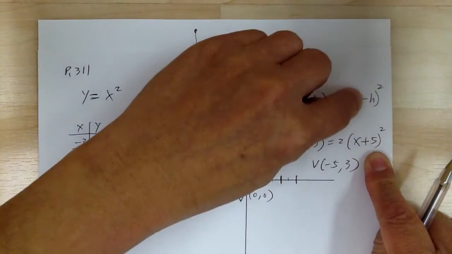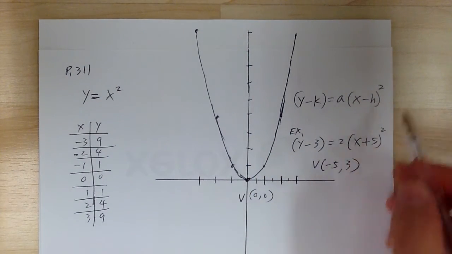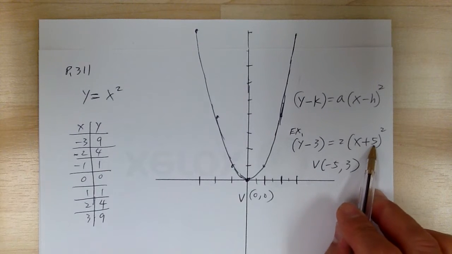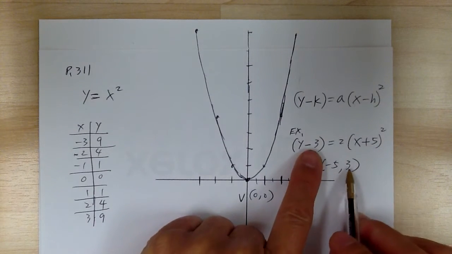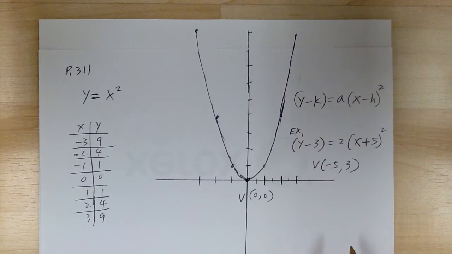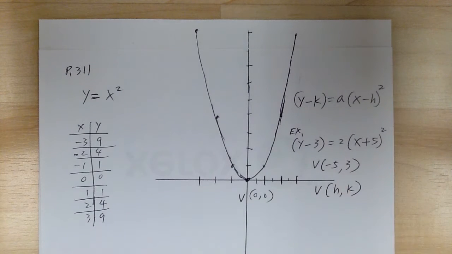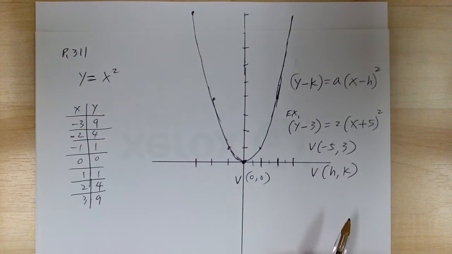Right? Because you remember, with the minus, that's how you get a distance, you have to subtract. So you have to take the opposite. So that's how I get the -5, and that's how I get the 3. So from the h and the k, that's how you get your vertex. So your vertex is going to be (h, k). Okay, so that's one thing you have to know.